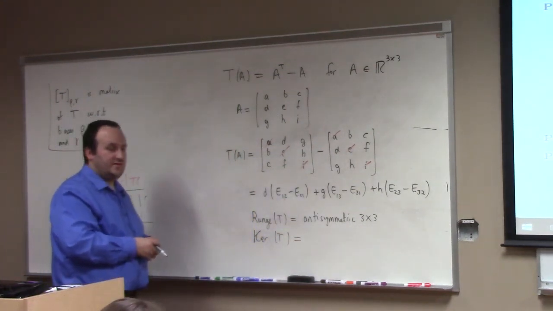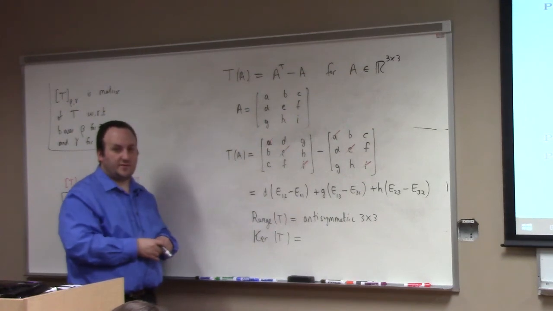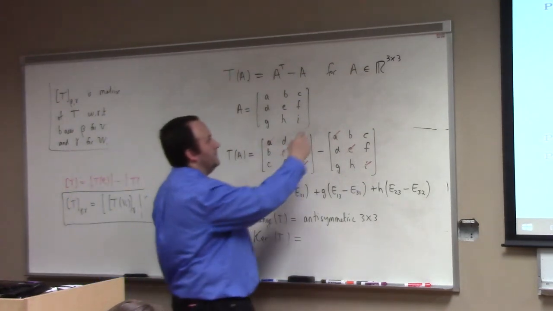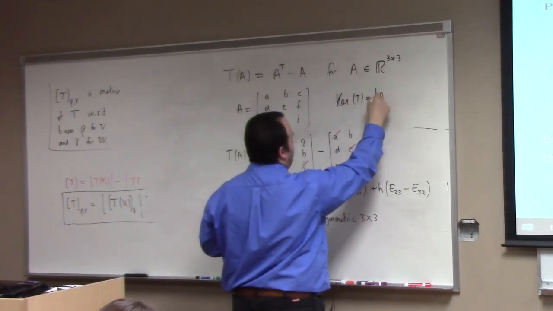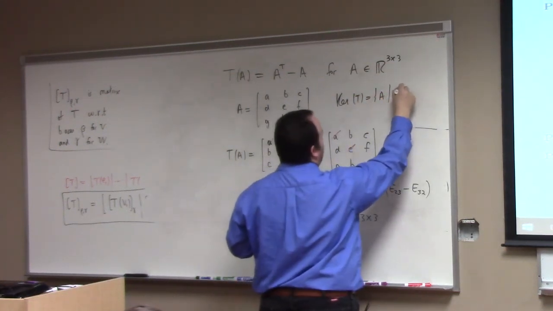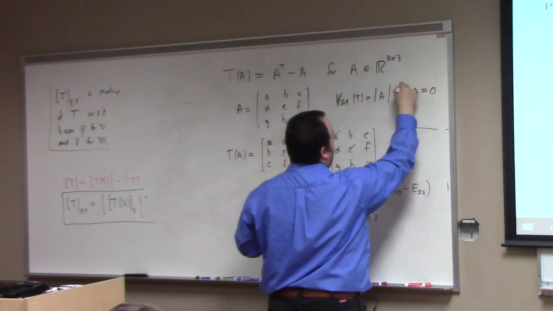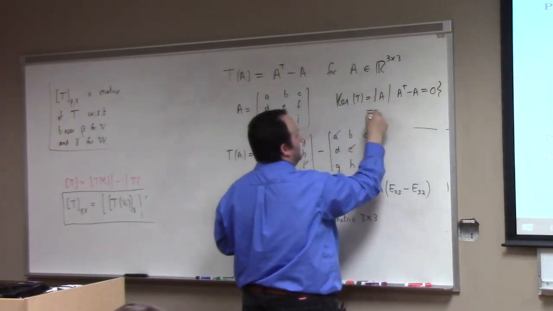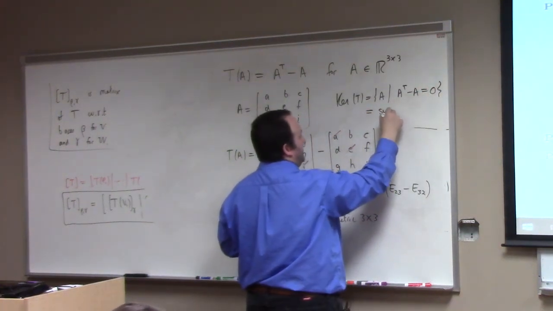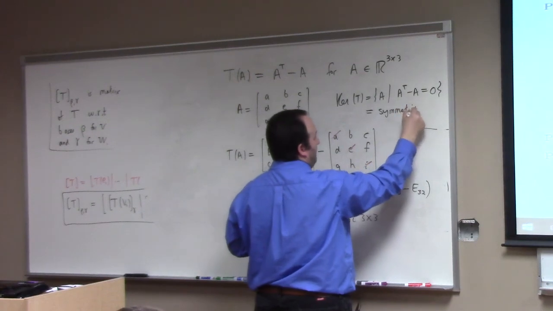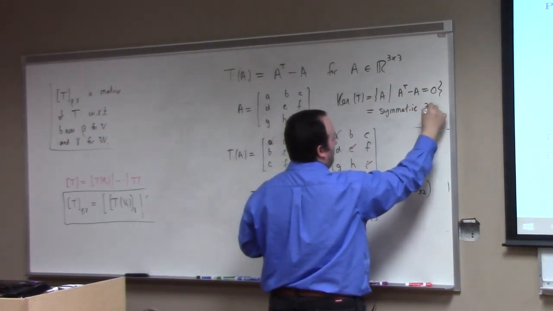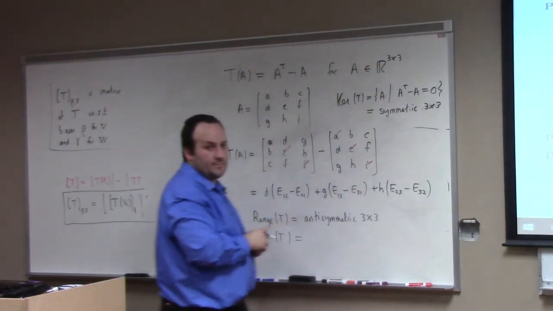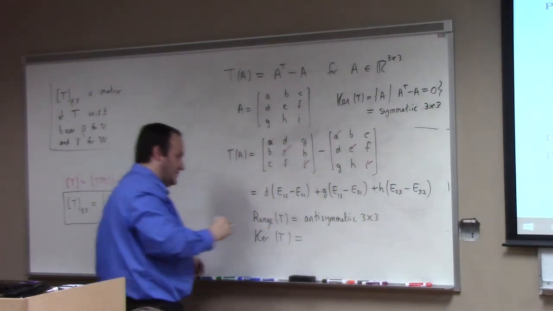The kernel is considerably easier to calculate, right? What's the kernel of T? We're looking for A such that what? Such that A transpose minus A is equal to 0. So apparently the kernel is the symmetric 3×3 matrices.